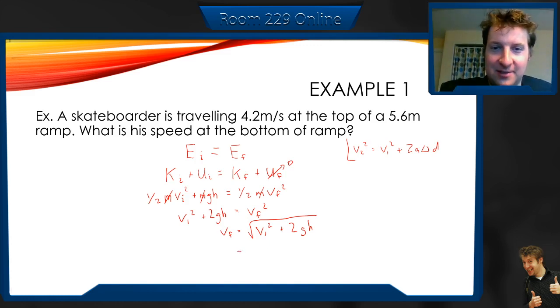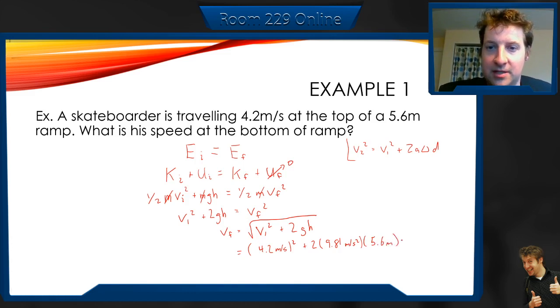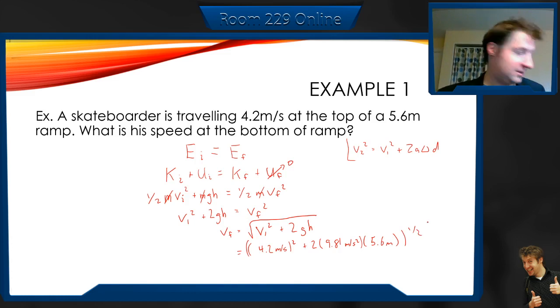So let's do the actual math. V1 squared, that's 4.2 meters per second, all squared, plus 2 times 9.81 meters per second squared, multiplied by 5.6 meters, and then the whole kit and caboodle is going to be to the power of a half. Power of a half, same thing as square root.